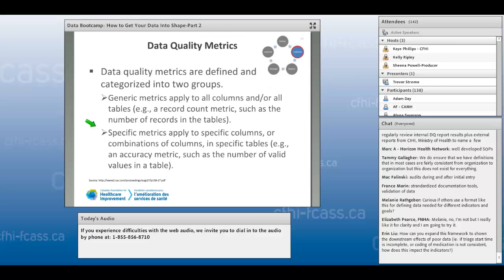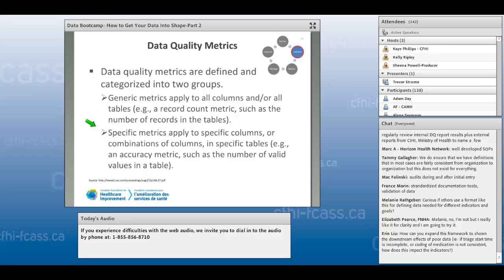When we're defining data quality metrics, generally there are two types. We have generic metrics, which we can apply to all columns, for example, how many records we have in a table, how many columns are in a table, how big the database is. Those are overall metrics that give us a structural sense of what our data looks like.